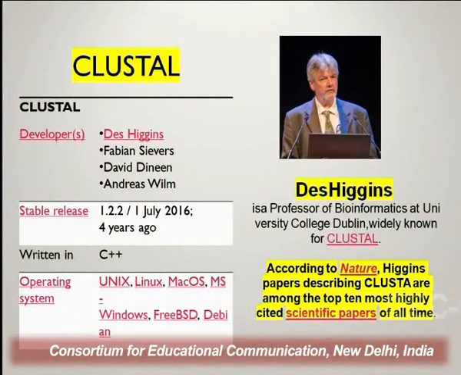The popularity of this can be judged by the journal Nature, which said that the paper where Des Higgins wrote about Clustal is among the 10 most highly cited papers.